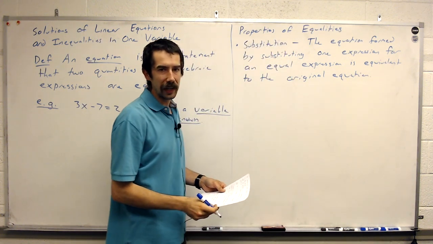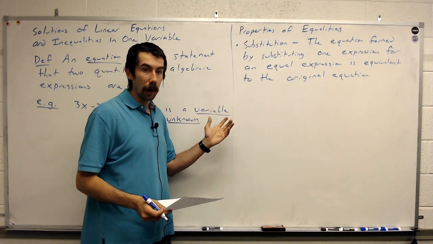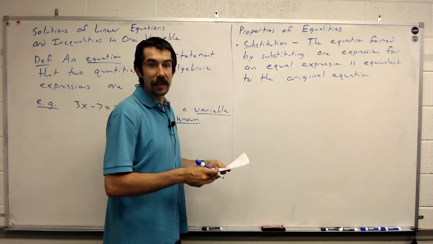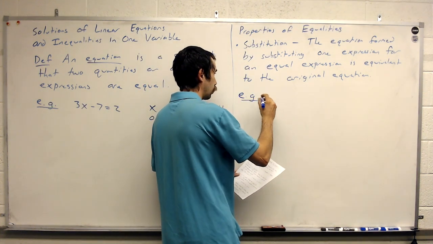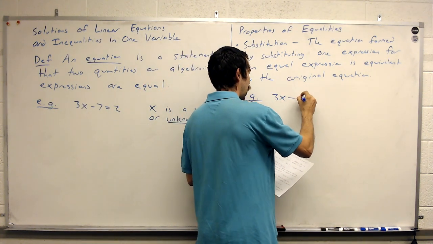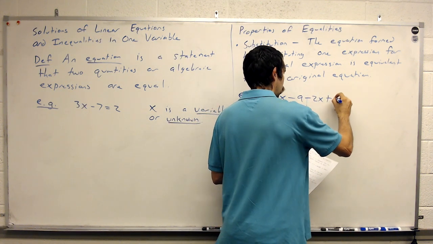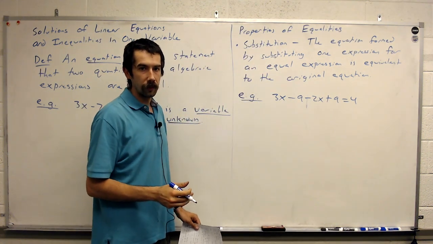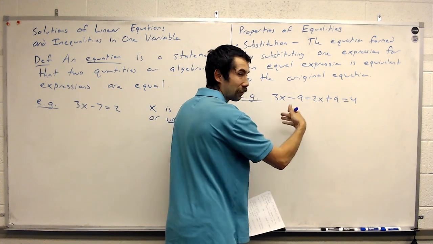Okay, what does this mean? This means we can rewrite one or both of the sides of an equation to simplify the problem. So for example, if we have something like 3x minus 9 minus 2x plus 9 equals 4, we can simplify this left-hand side of the equation.